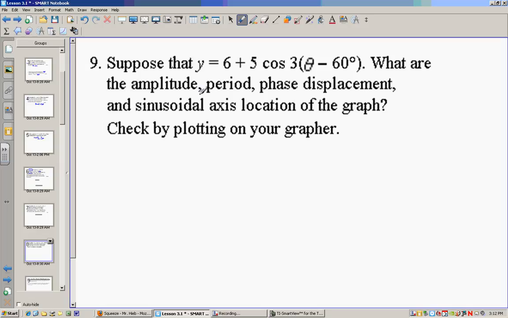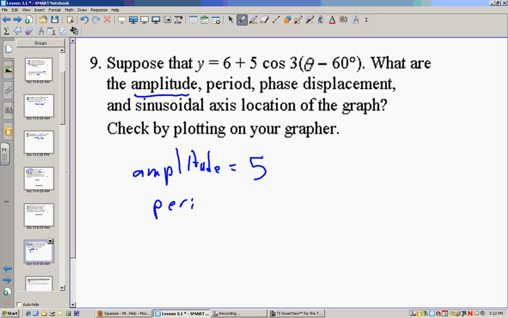Now suppose we have this long function, 6 plus 5 cosine of 3 theta minus 60. Now the amplitude is my vertical stretch, so my amplitude is going to be 5.